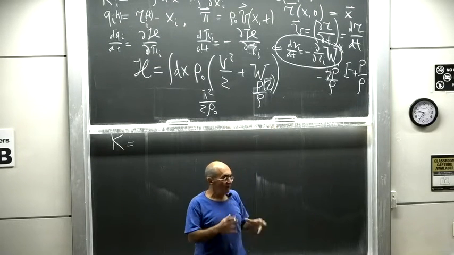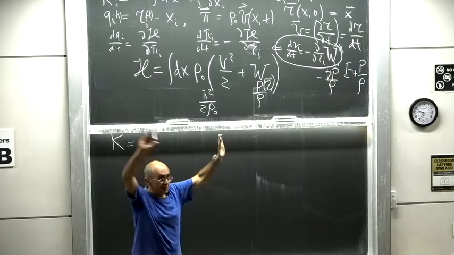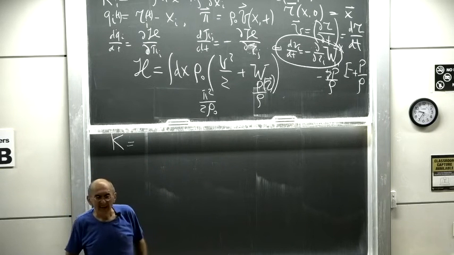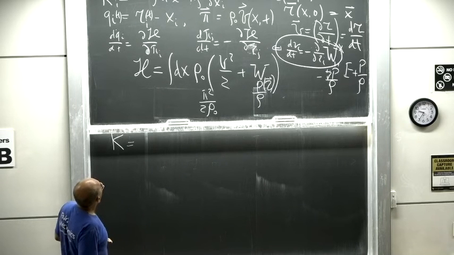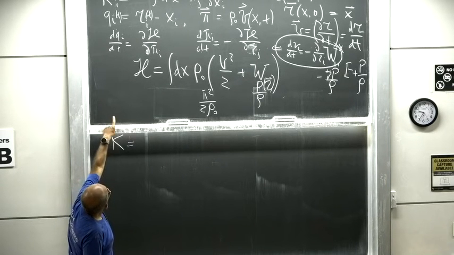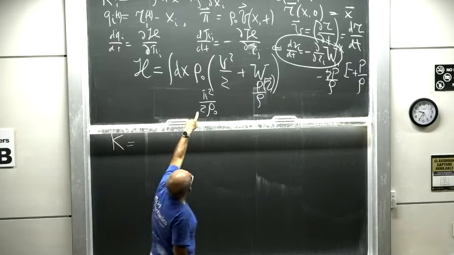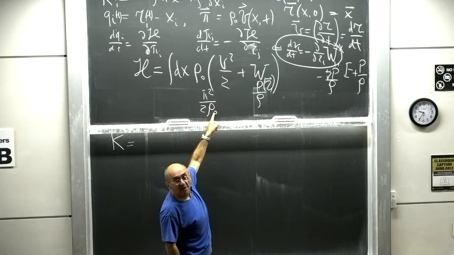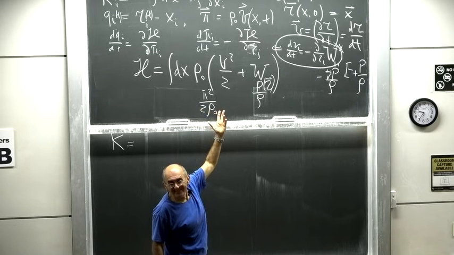And it tells you what's the difference between quasi-momentum and the whole momentum. V squared over 2 just comes from the first equation. Because if you differentiate the first equation, you get 2 pi over 2 rho, which is V. This is under the assumption of constant density at the beginning.